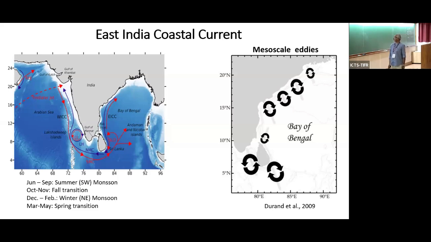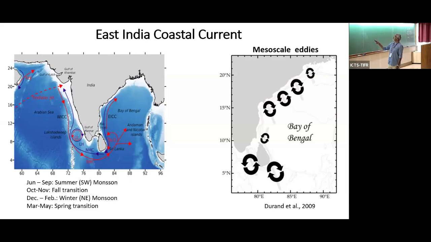One interesting feature that came out of the analysis of the along-track satellite data by Fabian Durand is that the current is not a nice one characterized by smooth lines, but is made up of several eddies.